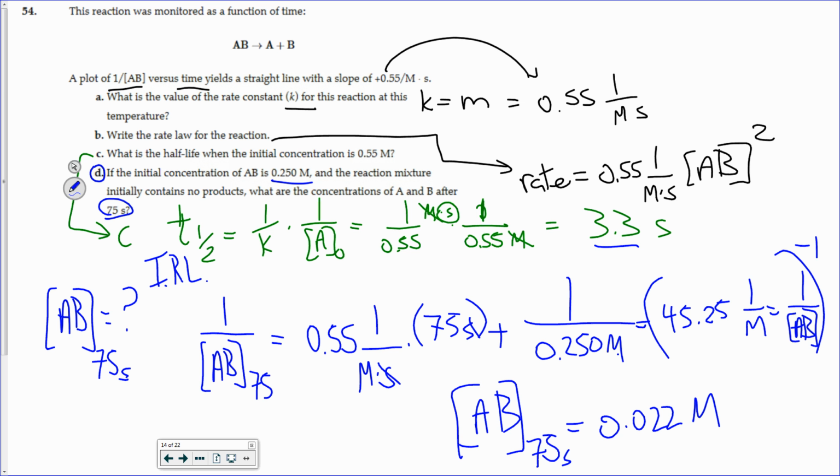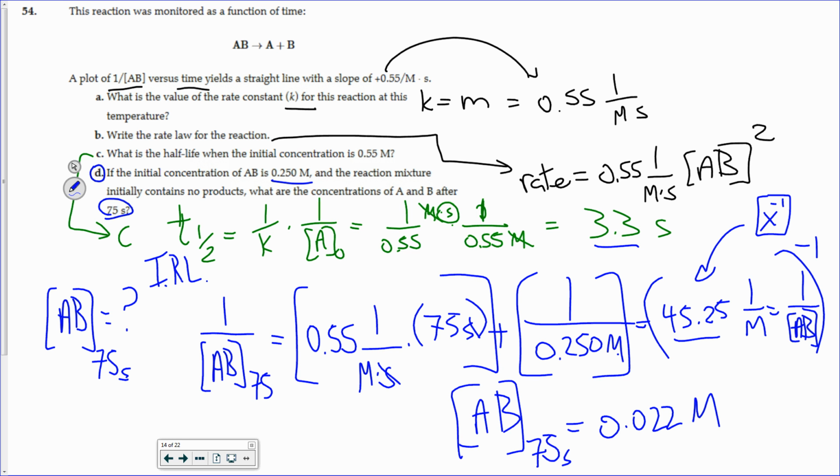So on my calculator, once I got this value, I've got this button called the 1 over x button, or x to the minus 1. So did you do the 0.55 times 75 divided by 0.25? No, to come up with this number, I did this in parentheses, did this in parentheses, and then added them together.